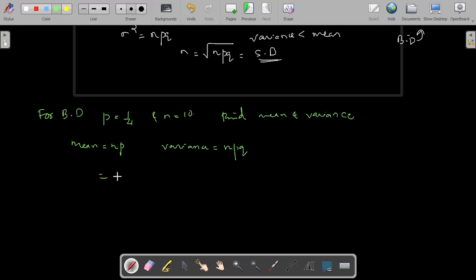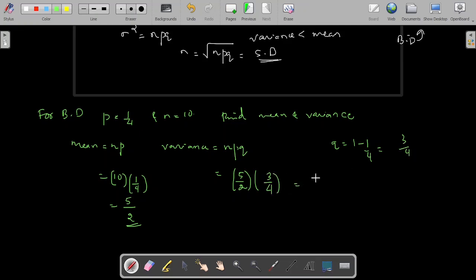So n is 10, p is 1 by 4, so 10 by 4 means 5 by 2. And variance is npq. np I got as 5 by 2 and q is 1 minus p, that is 1 minus 1 by 4, which is 3 by 4. So this gives you 15 by 8. So the answer is 15 by 8 for variance.